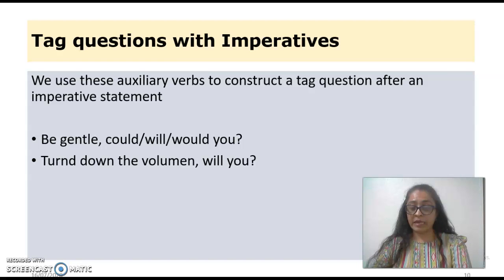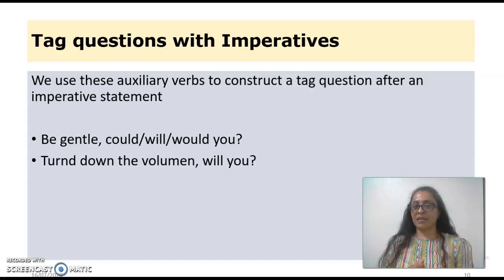And remember the levels of confidence when we use these modals. Which one is more direct, more straight, the one that you would use with your friends? Yes, it is will. So watch out when you're going to use that modal in a sentence when you have an imperative.